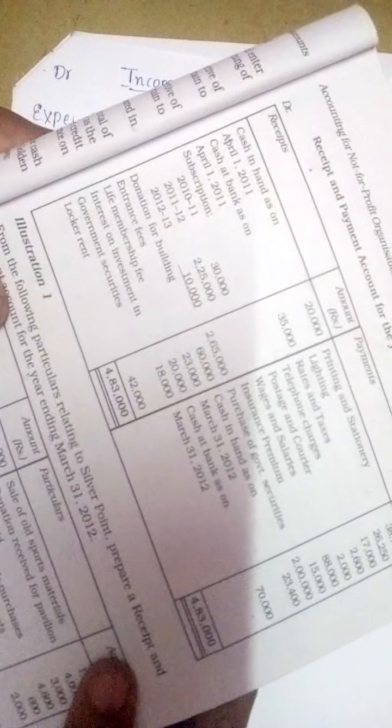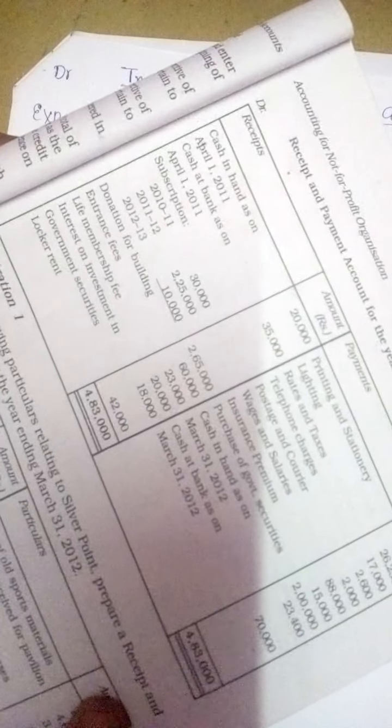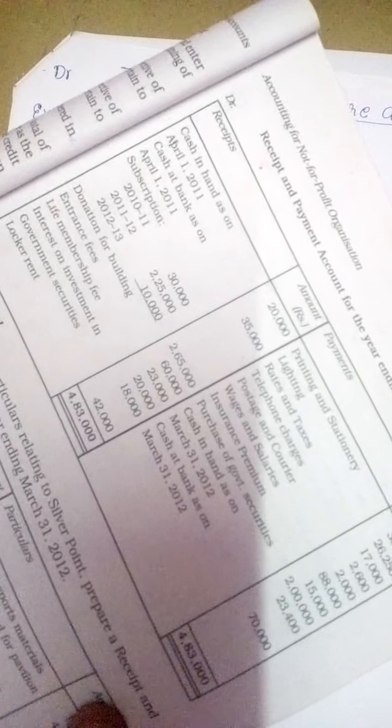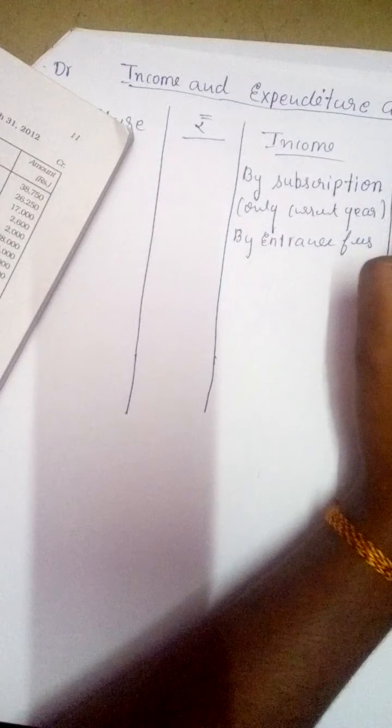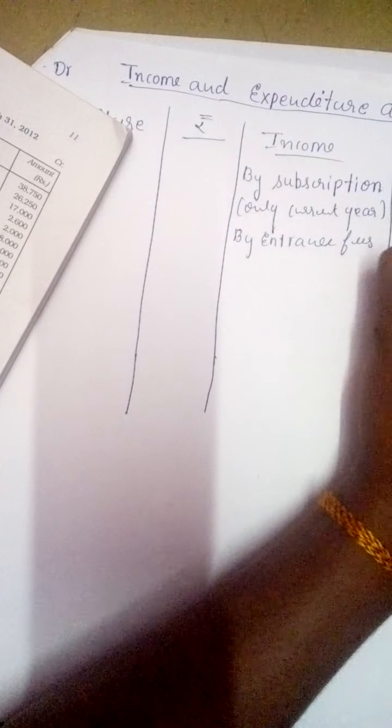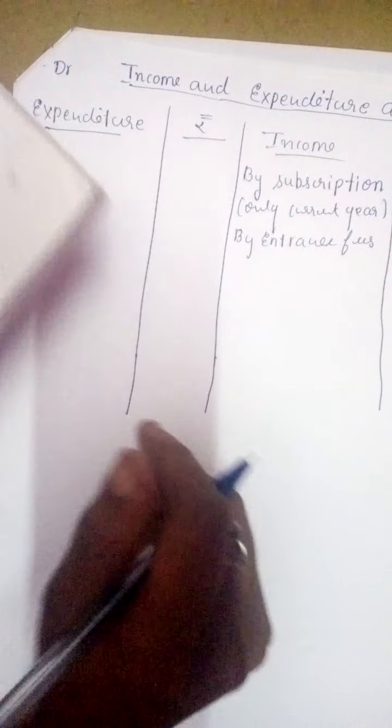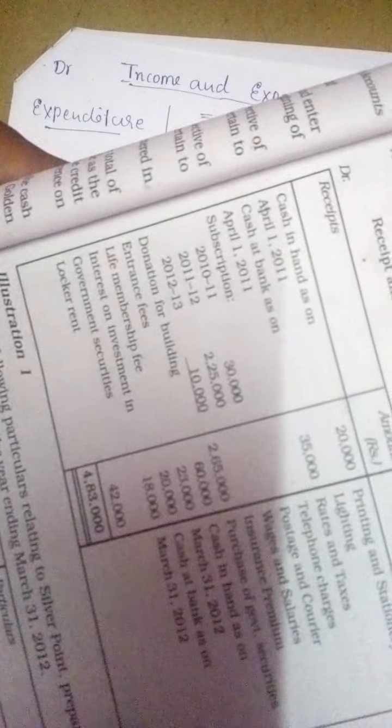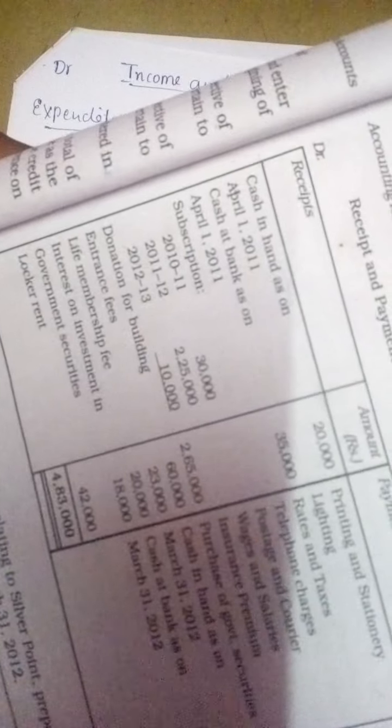Next item, donation for building should not be recorded, right? Then entrance fees can be recorded by entrance fees amounting to rupees 23,000. Then next, see life membership fees. It is a capital receipt, should not be recorded.